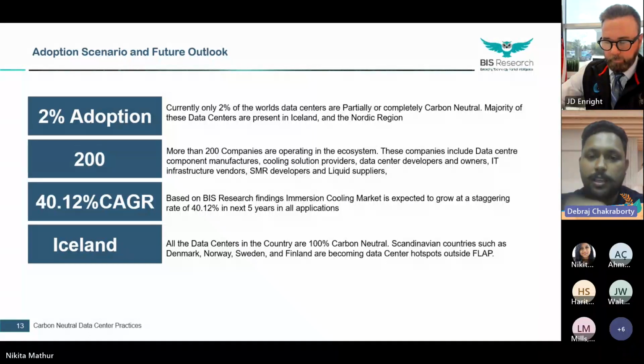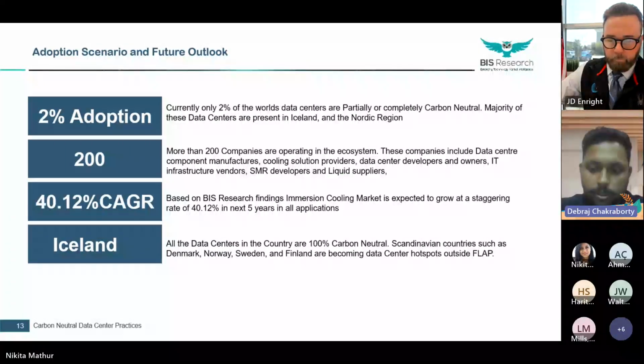Currently, overall 2% of the world's data centers are partially or completely carbon neutral, which I've already shared with you guys. Majority of these data centers are present in Iceland and the Nordic region. There are more than 200 companies operating in the ecosystem, contributing or trying to contribute to reducing the overall carbon emissions from the entire industry. These include companies like TMG Core and Submer, who are offering cooling solutions, and companies like Shell, who are offering the fluids.